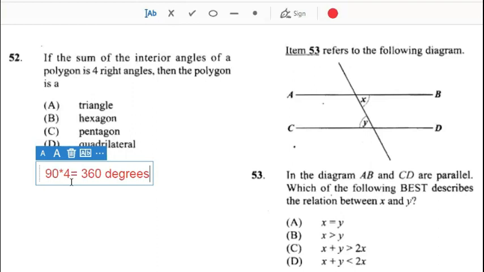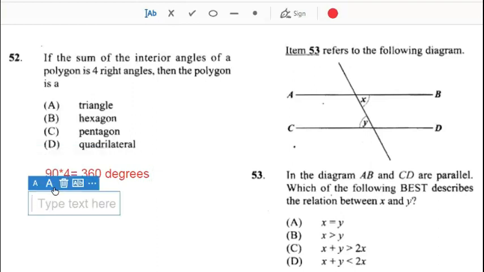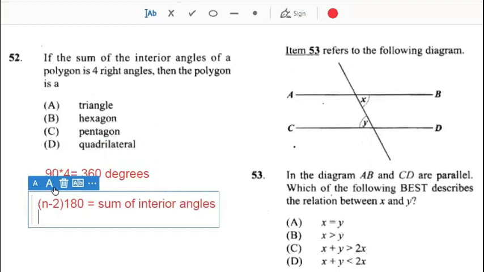There are many different ways to work this question, but we're going to look at a formula: n minus 2, multiplied by 180, and this gives you the sum of interior angles, where n is the number of sides.